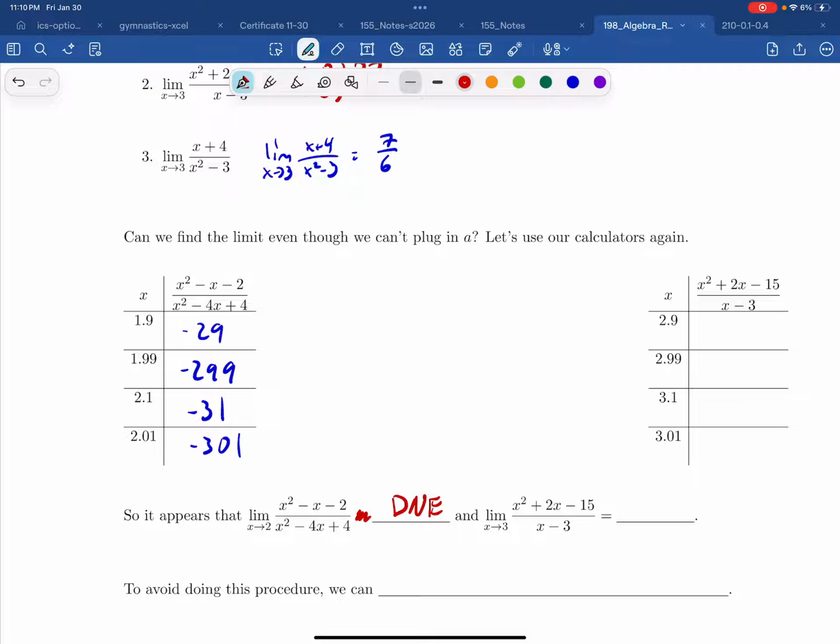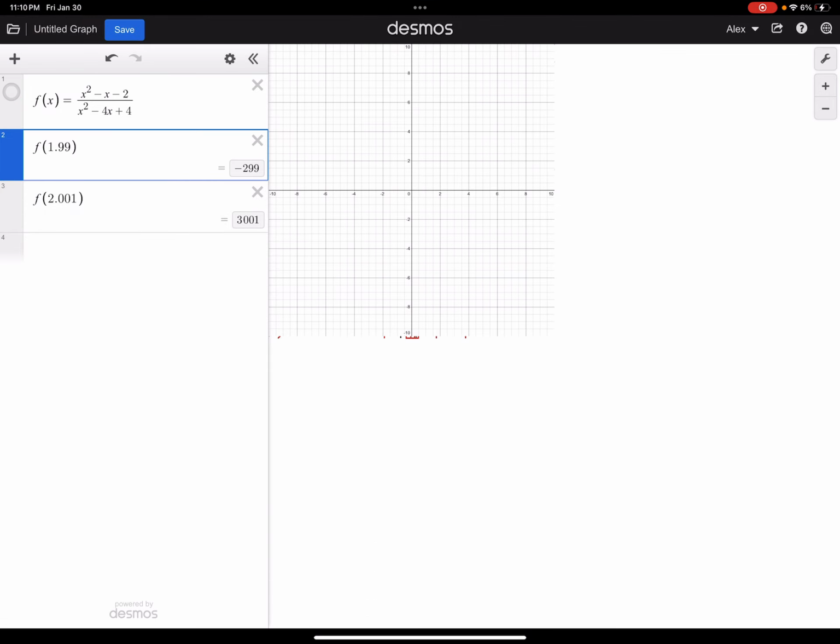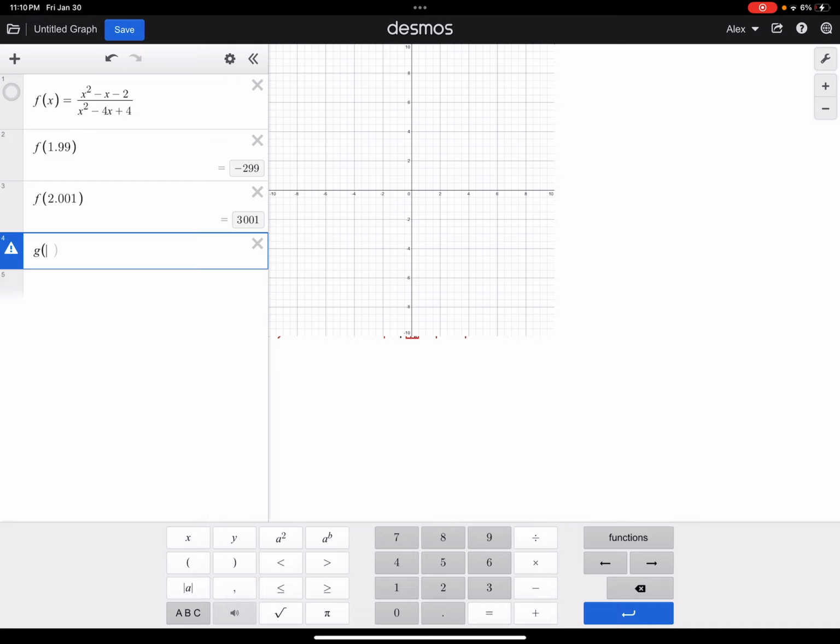Okay, and then meanwhile, let's take a look at this guy over here. So let's try, I don't know, g of x is going to equal x squared plus 2x minus 15 over x minus 3. There you go. Okay, so we have this.